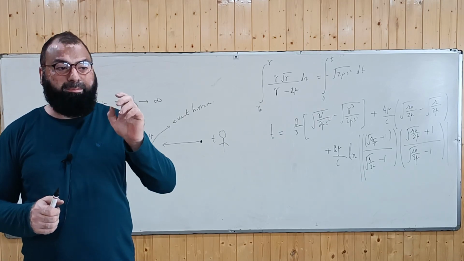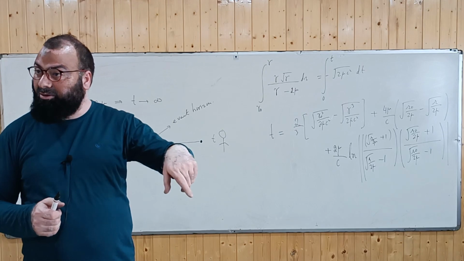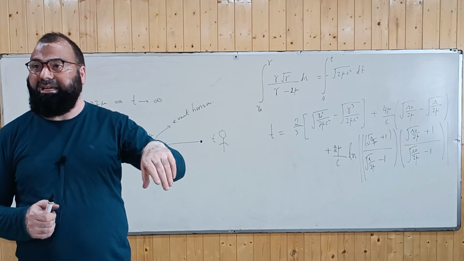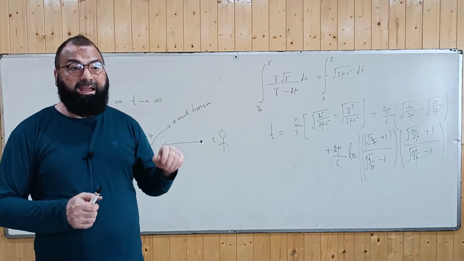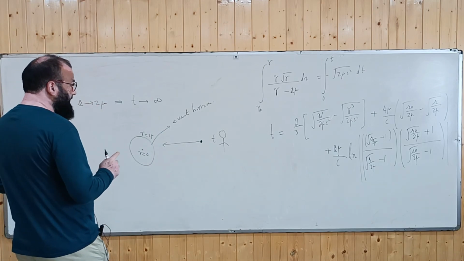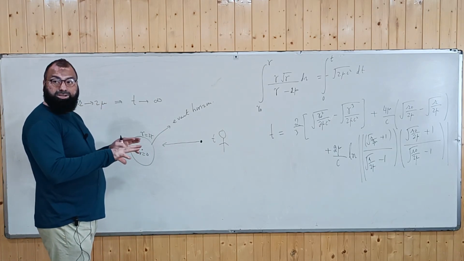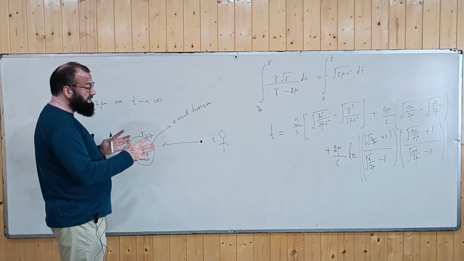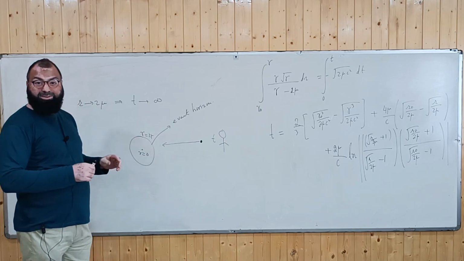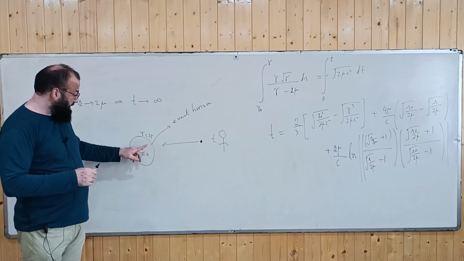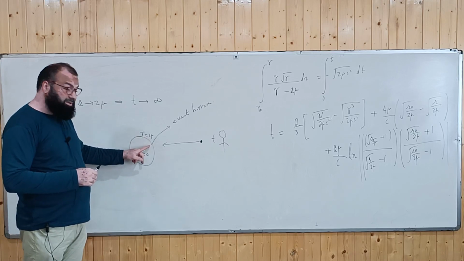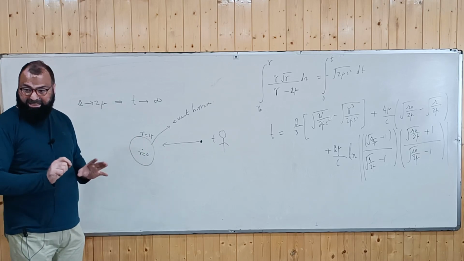But in reality, this is not actually a singularity, because the proper time taken by this infalling observer is a finite quantity when it crosses r equal to 2 mu. One more point is that in our analysis, we are solving the Einstein equation outside r equal to 2 mu. So we are not bothered about r equal to 2 mu or r less than 2 mu here.